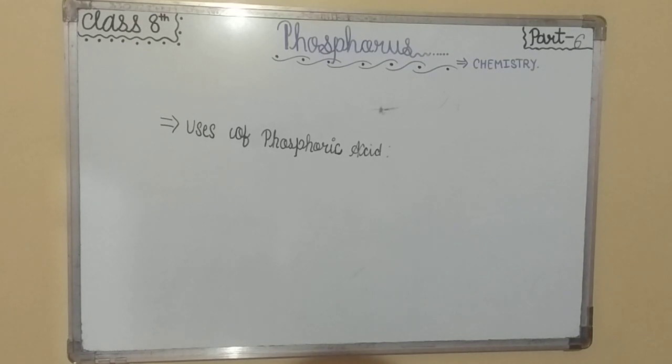Second is manufacture of phosphates and phosphatic manures. Third is superphosphate of lime.